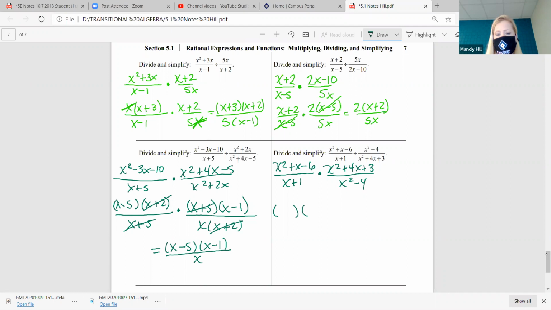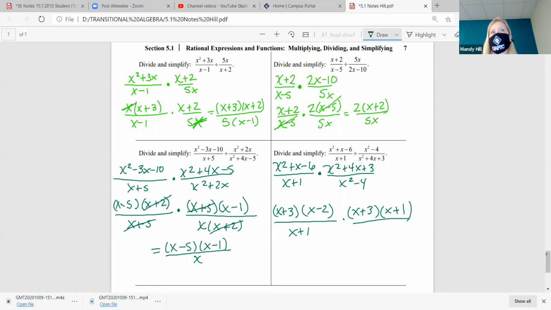Okay, so we need something that multiplies to negative 6, but adds to 1. x plus 3, x minus 2, because 3 times negative 2 is negative 6. 3 plus negative 2 would give us our positive 1 here. Something that multiplies to 3 and adds to 4, that's going to be 3 and 1.